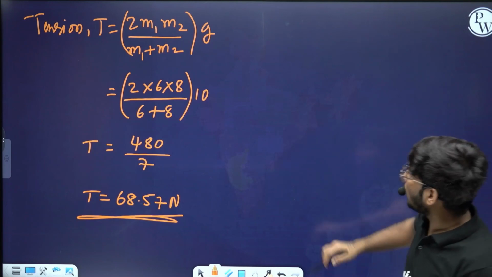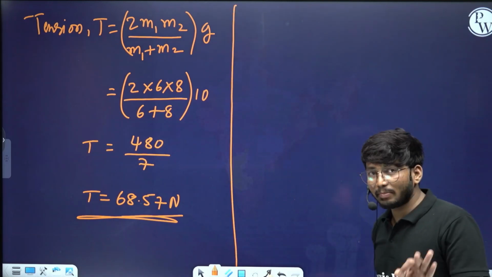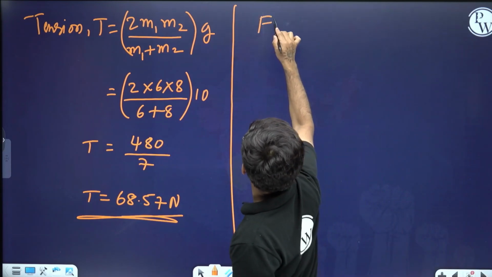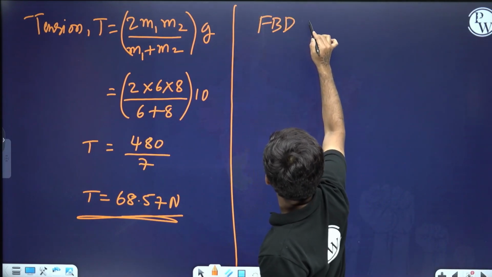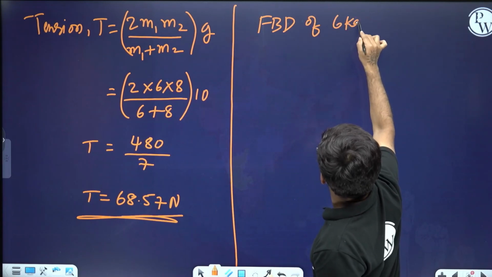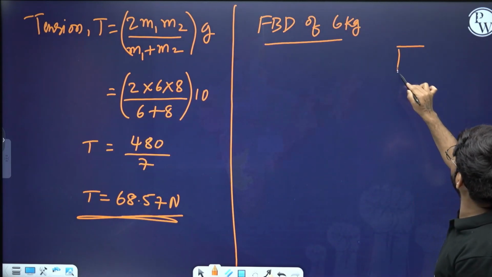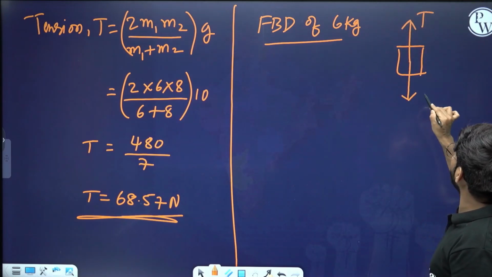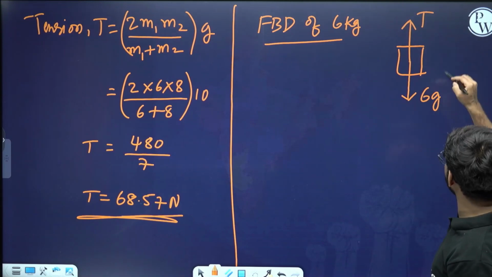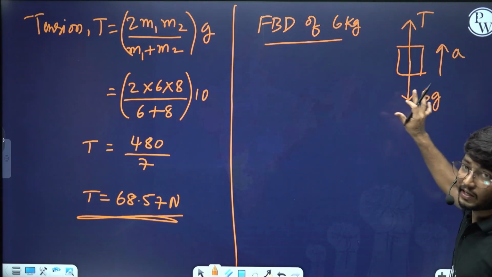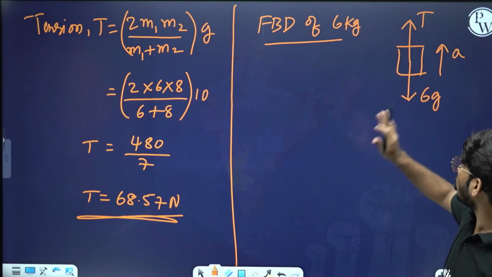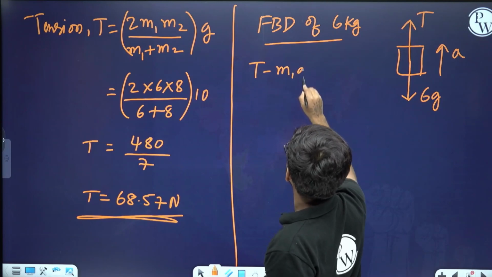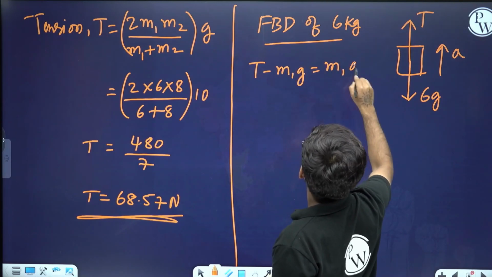So that was using the formula. Or just by directly applying FBD of one of the masses, I am going to write the FBD of the 6 kg block. Look at the 6 kg block. Tension is pulling it in this direction. Its own weight, 6G, is pulling it in this direction, and it is accelerating in the upward direction. I am writing 6G, not 8G. Acceleration is upward. So for the block to go up, T minus m1G should be equal to m1 into A, correct?